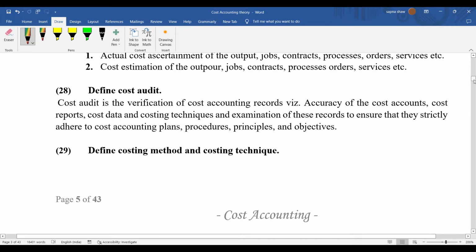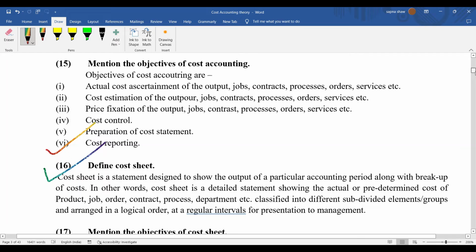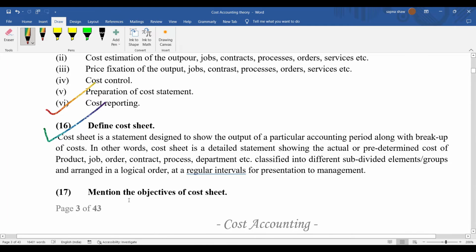Now we will discuss from question 16. So what is cost sheet? You are aware how the cost sheet statement looks. Now we will discuss the definition. It is a statement designed to show the output of a particular accounting period along with the breakup of cost.